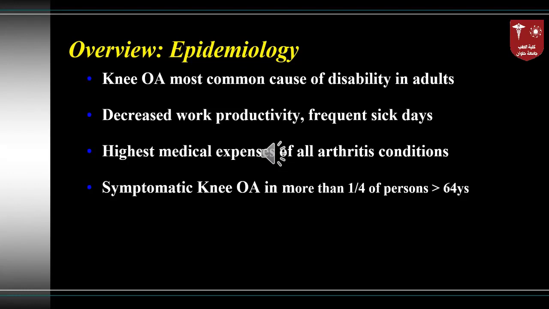And why it is important, though it is not that hazardous a disease, is because it decreases work productivity, and it affects the activity of daily living, and it is a major cause of morbidity and a frequent cause of sick leaves in working people.